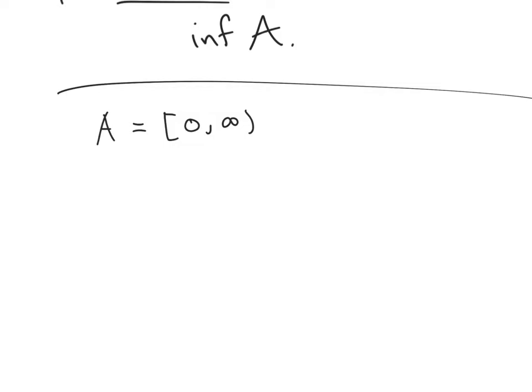The square bracket before the 0 means I am including the number 0 in this set. When you have an infinity, you always use the curvy bracket, because infinity by itself is not a number, so it doesn't make sense to include infinity as part of the set. So this is not bounded above.